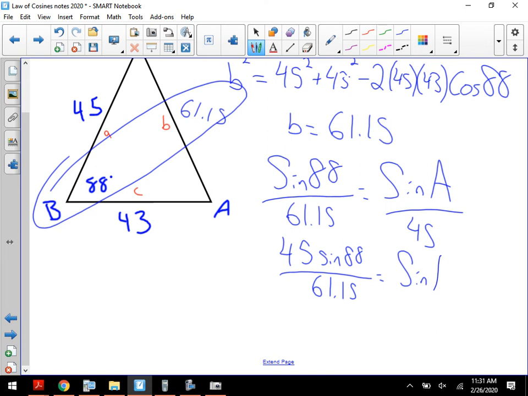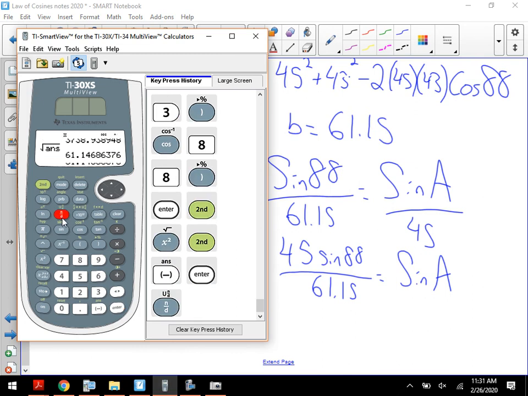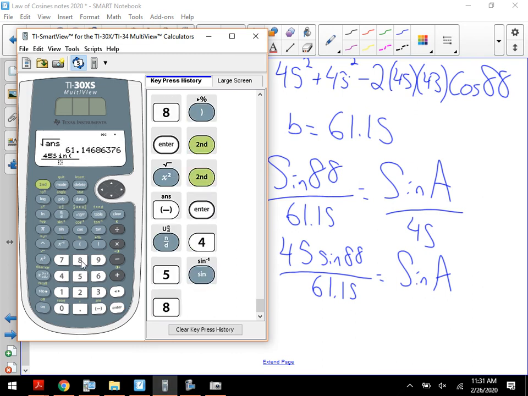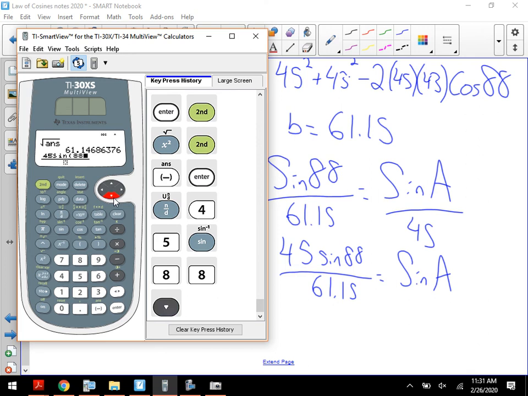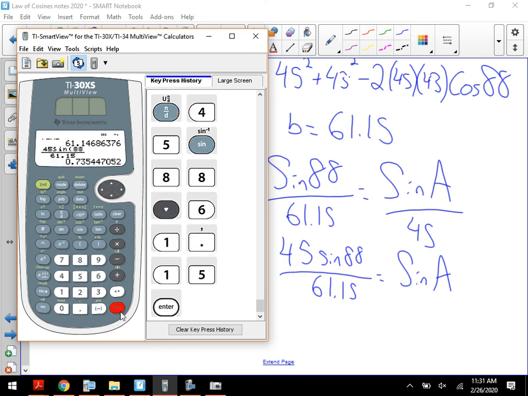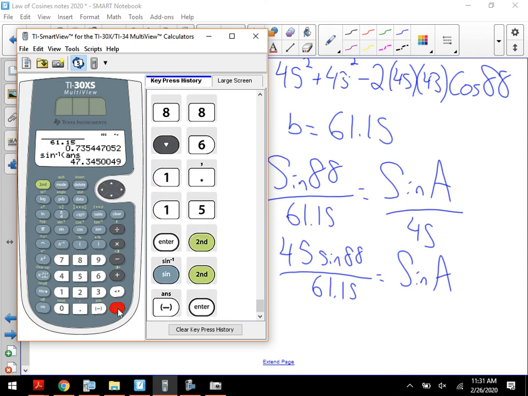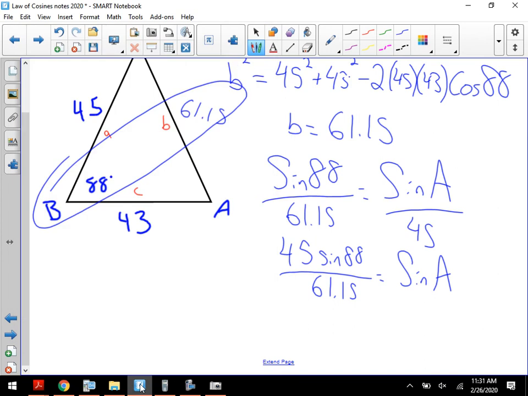And again, we're going to type this all in the calculator, and now we have the inverse sine to get the angle. Fraction bar, 45 sine 88 over 61.15. And now second sine, second answer. 47.35.